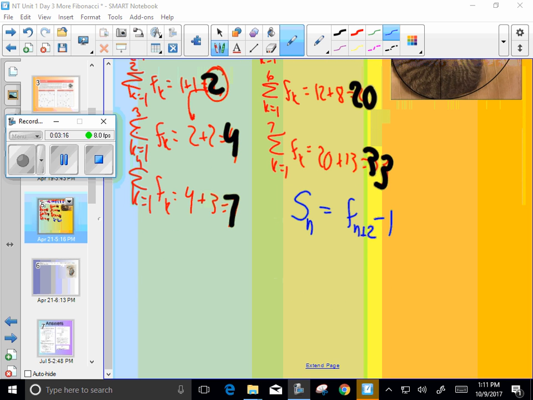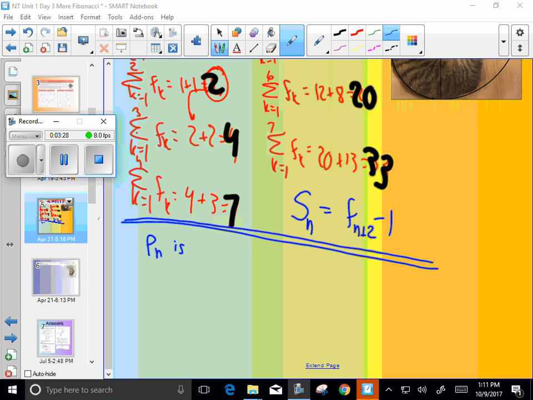Just to get you started in proving this, start with your givens. So we have for a given, P of n. I think it's kind of awkward, but we're given things like S of 1 equals 1 and S of n equals f of n plus 2 minus 1.